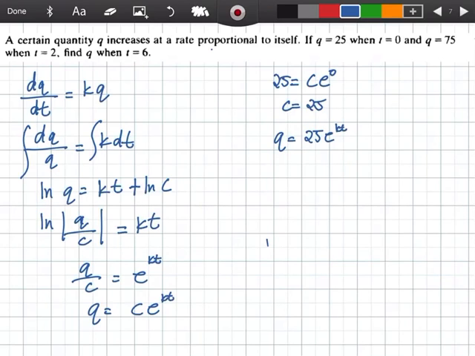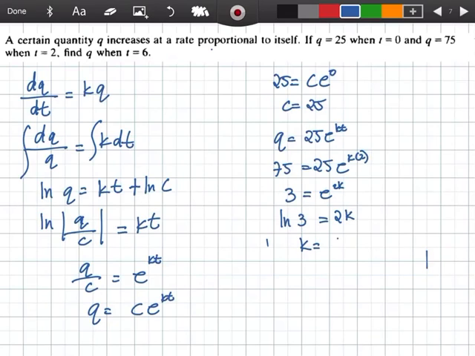So, if Q is 75, T is equal to 2. 75 is 25 e^(2K). Okay, so that means 3 is equal to e raised to 2K. So, ang gagawin natin dyan, ln of 3 is equal to 2K. So, K is equal to ln of 3 over 2.